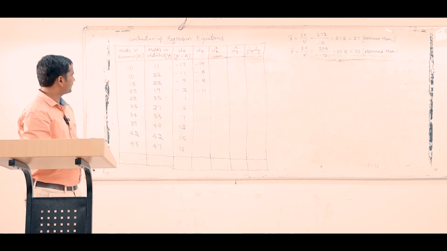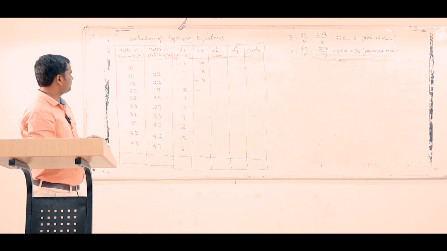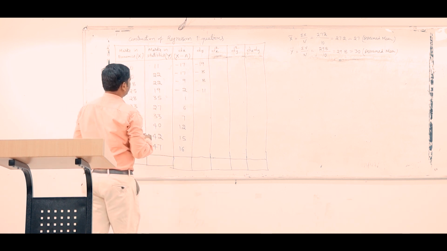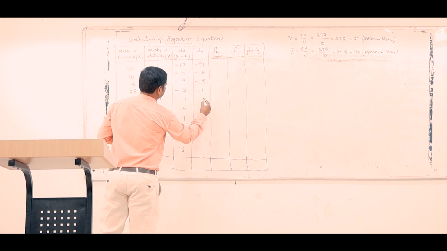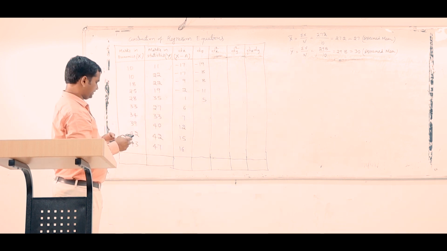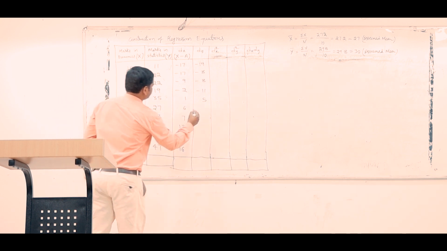Next 35 minus 30, so it will be 5. Next 27 minus 30, it will be minus 3.